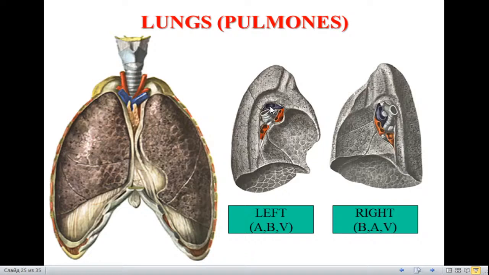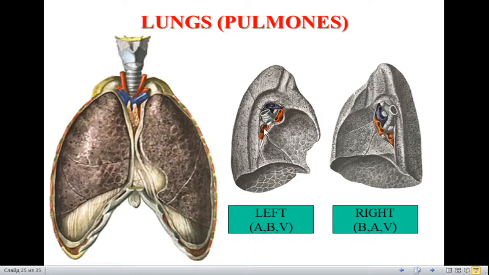About this you will study during your cardiovascular system classes. So remember, the pulmonary artery transmits deoxygenated blood. That's why in the picture it's blue in color. Pulmonary veins transmit highly oxygenated blood.